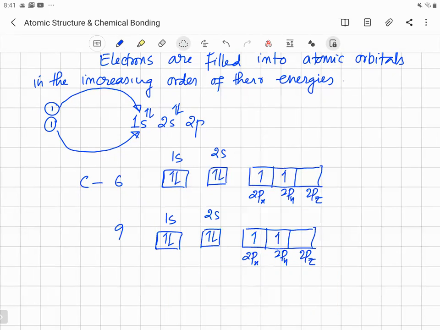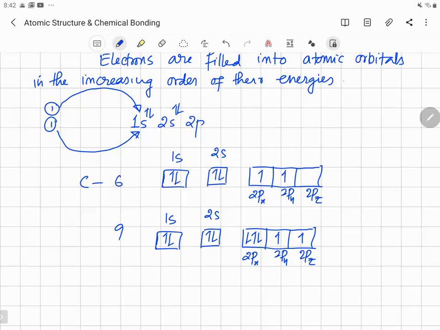So the 6th electron will fill like this, the 7th electron will go to the next orbital, the 8th to px, and the 9th to py. Suppose the 9th also goes to 2px, like this.